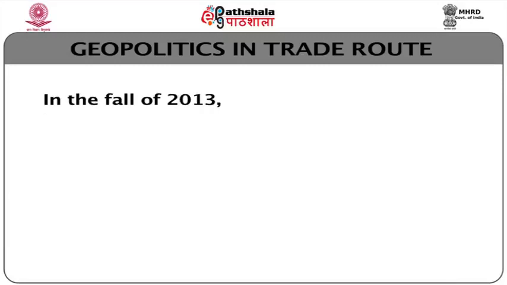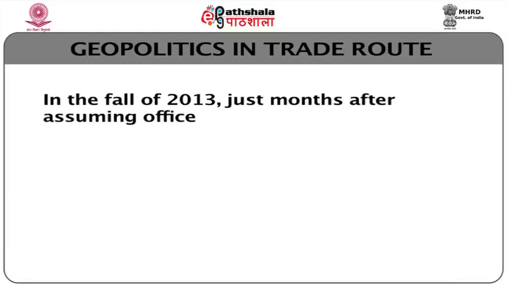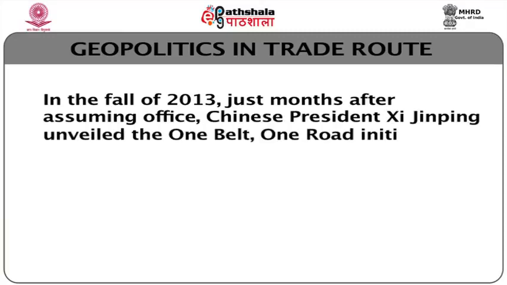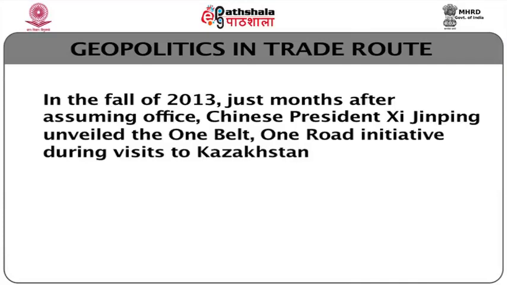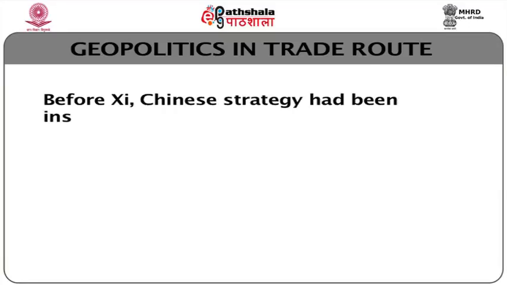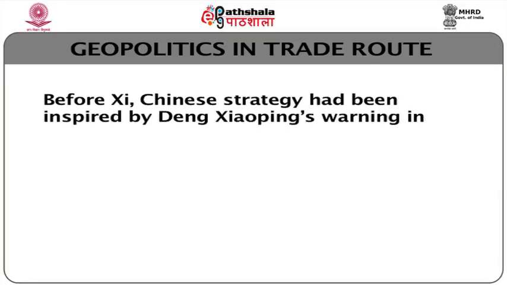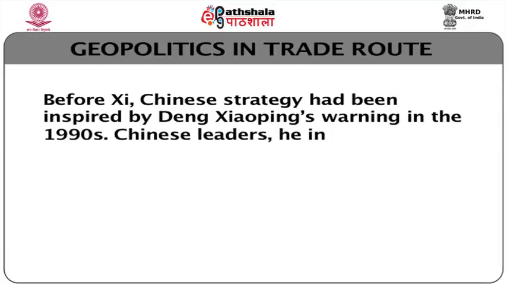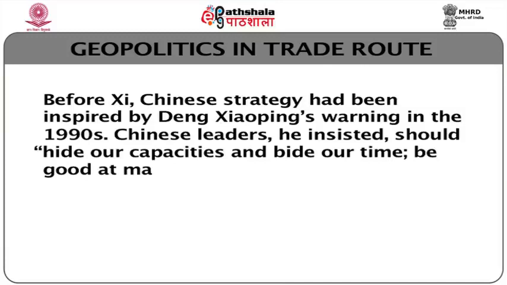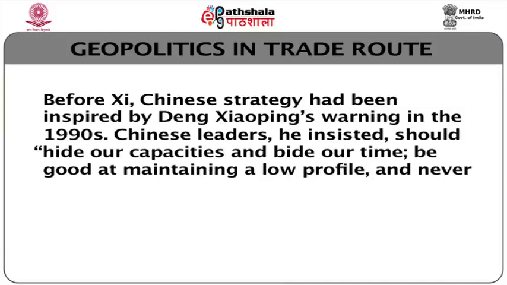In the fall of 2013, just months after assuming office, Chinese President Xi Jinping unveiled the One Belt, One Road initiative during visits to Kazakhstan and Indonesia. Before Xi, Chinese strategy had been inspired by Deng Xiaoping's warning in the 1990s that Chinese leaders, he insisted, should hide our capacities and bide our time, be good at maintaining a low profile and never claim leadership.